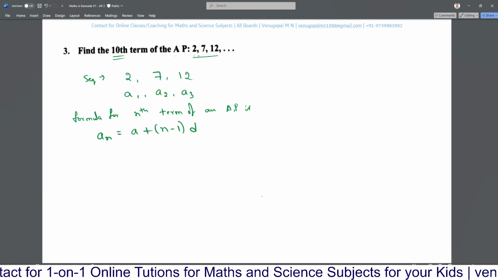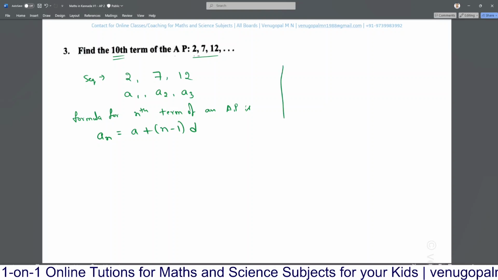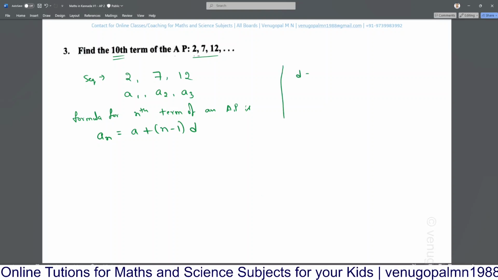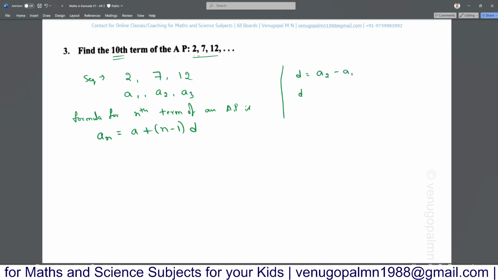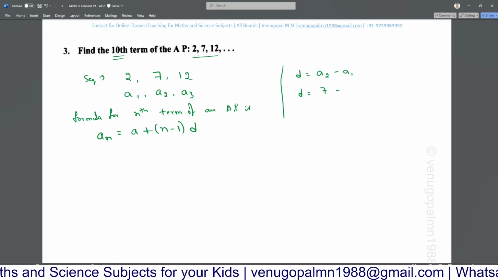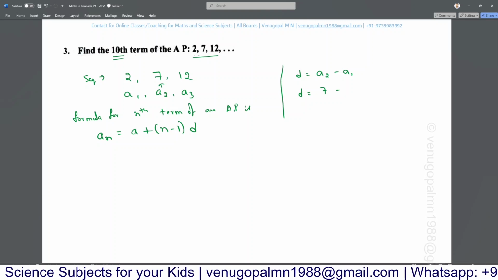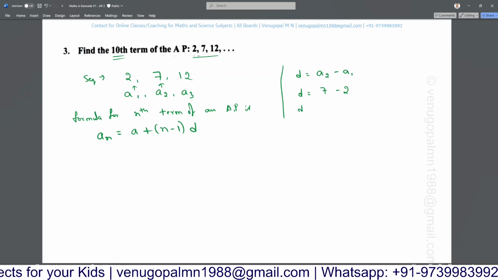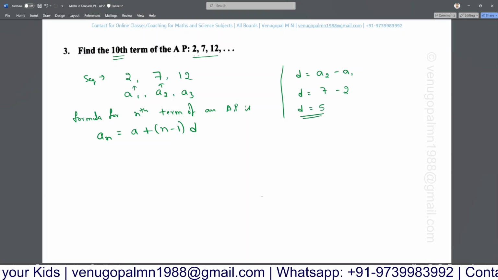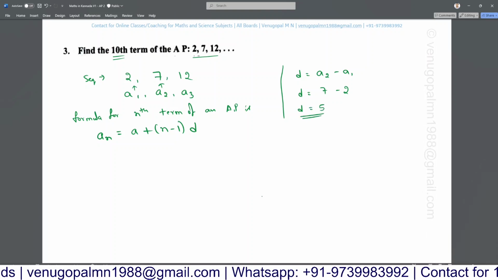So now we have to find D. What is D? D is equal to A2 minus A1. So D is equal to 7 minus 2, since A2 is 7 and A1 is 2. So 7 minus 2 would be 5. Okay. So what is the first term?